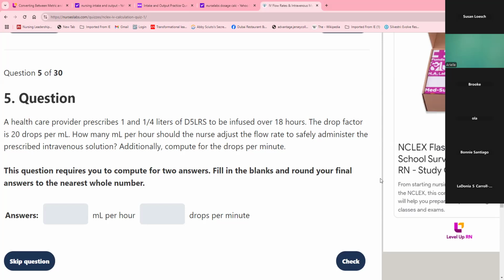So it's going to be 1,250 mLs divided by 1,080 minutes. And then it's times your drop factor, which is 20. Now you round to the nearest whole number. What did you get? 23. Okay. Let me put this on the whiteboard.